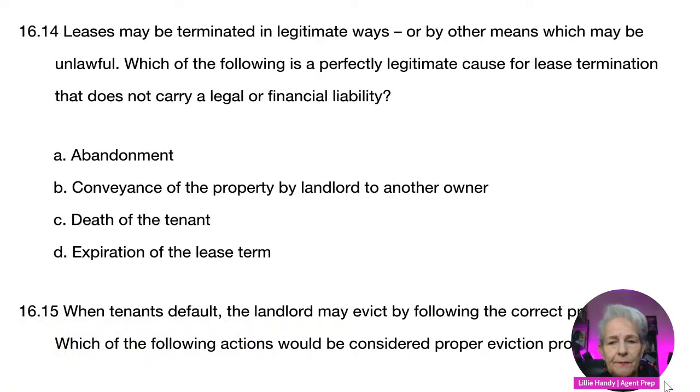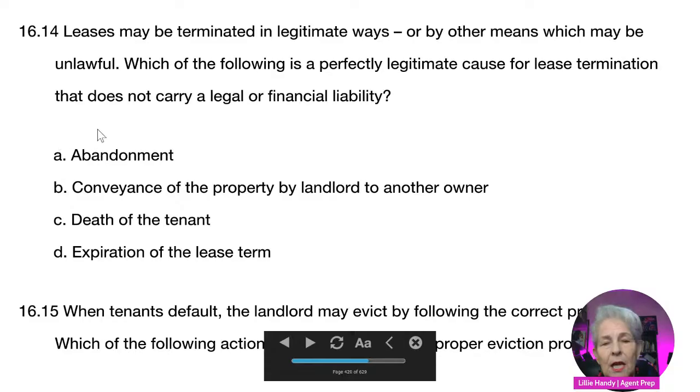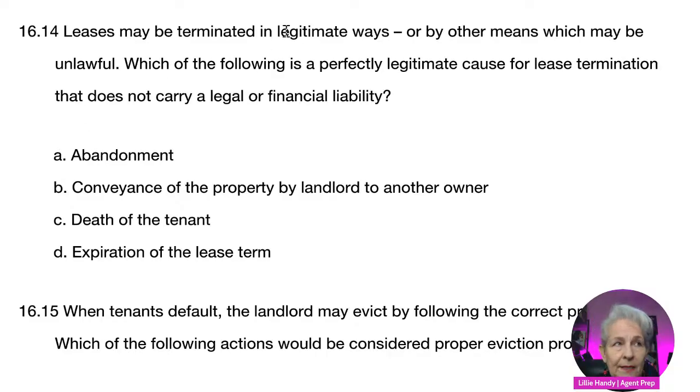Very good. Number 14, leases may be terminated in legitimate ways or by other means which may be unlawful. Which of the following is perfectly legitimate cause for lease termination that does not carry a legal or financial liability? A, abandonment. B, conveyance of the property by landlord to another owner.